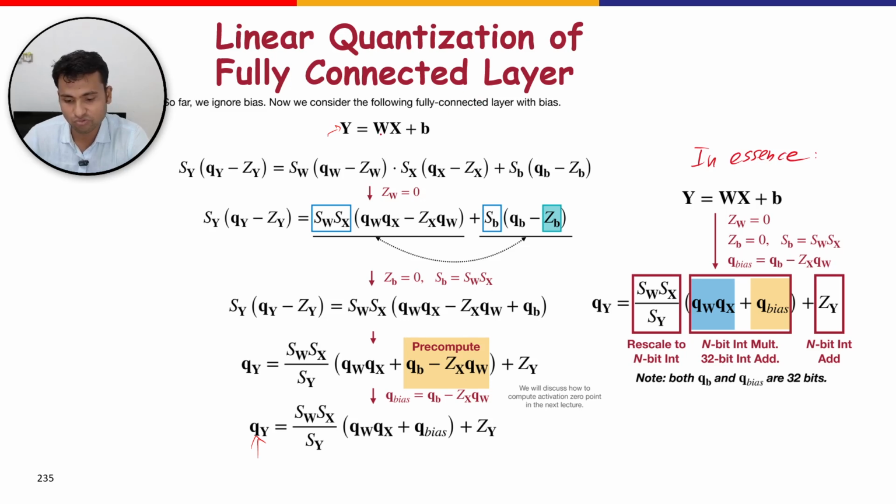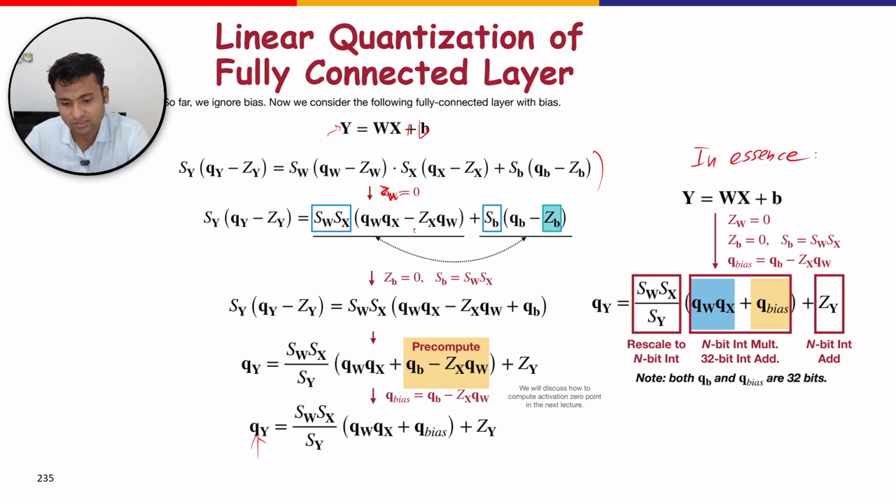So here again, let's go through the fully connected layer, this time with the bias. You can write down this whole equation in this format. I'll quickly go over this. Feel free to work it out yourself. Here we have effectively chosen ZW equal to 0 as in the last, using the symmetric linear quantization. So this whole term reduces down to SW into SX into QW QX minus ZX into QW.